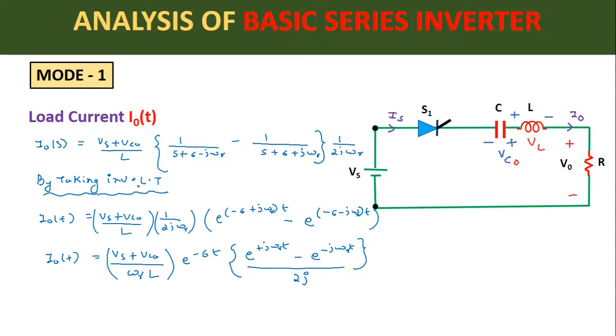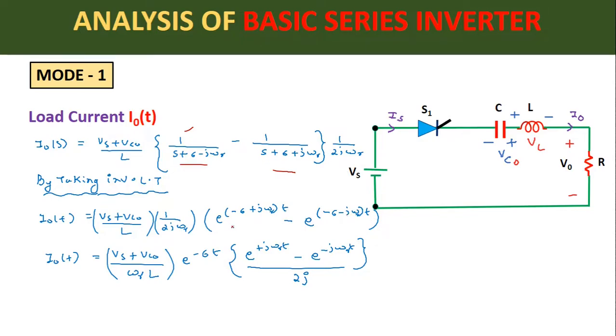Now we will take the inverse Laplace transform of this equation. What we will get? I naught t is equal to Vs plus Vco divided by L. This value is constant, so we can take it common. So we will get into 1 upon 2j omega r. For this term, the inverse Laplace transform will be e to the power minus sigma plus j omega r into t, minus of, for this term the inverse Laplace transform will be e to the power minus sigma minus j omega r into t.